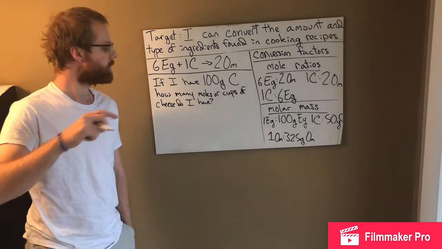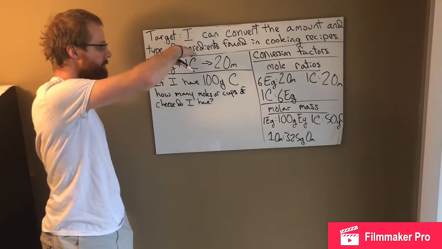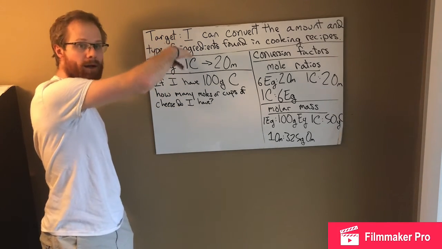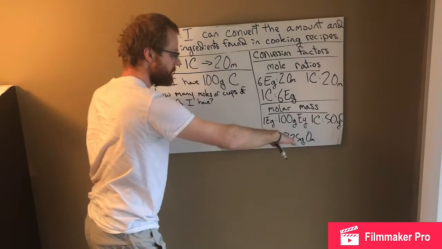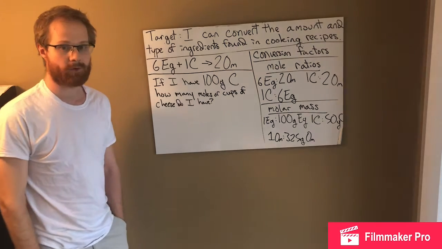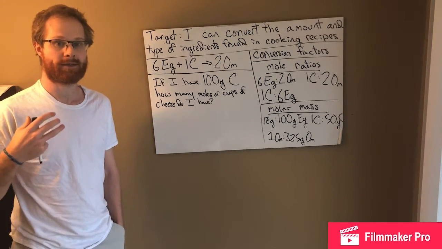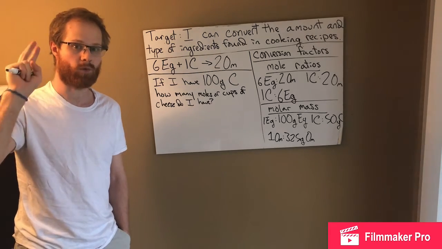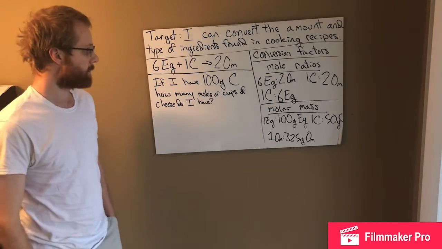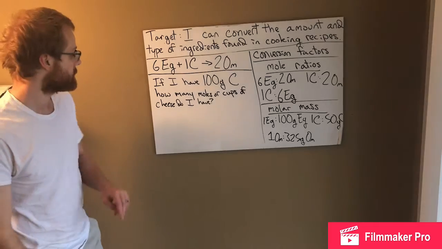First things first, once we've set up our problem, once we figured out our balanced chemical equation, that's step number 1, and identified our conversion factors, that's step number 2, now we need to actually set up the problem and identify what we know and what we don't know. Okay, so we know 2 things.